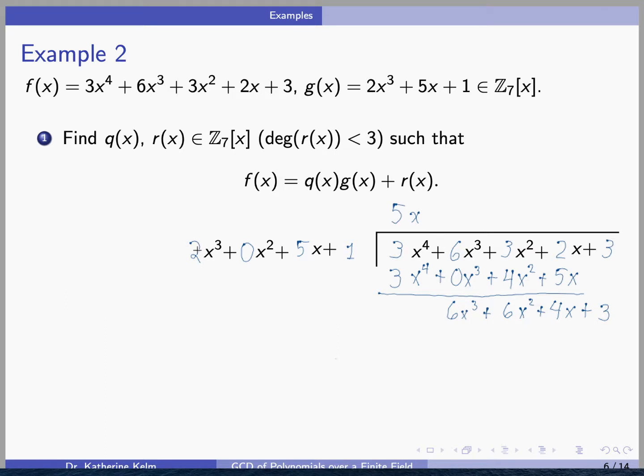Then we repeat the process. We need to put 3 here, so that 3 times 2 is equal to 6. And then we multiply by x cubed plus 0x squared plus 15x, which is the same thing as 1x in Z7, plus 3 times 1 is 3.